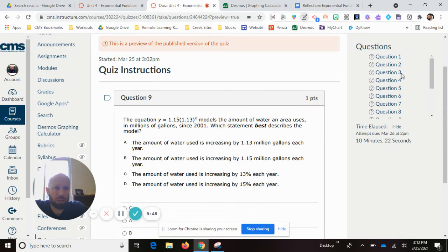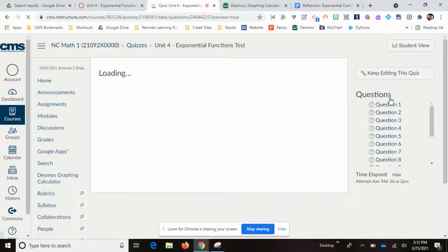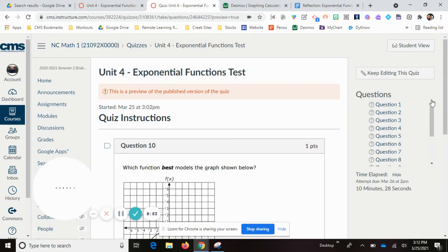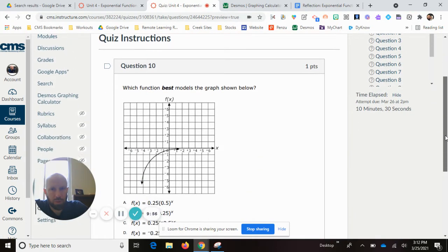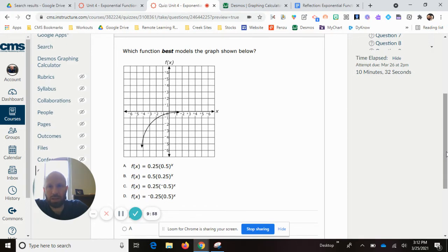Let's go to question 10. For this problem here, we're just going to graph them on Desmos. The answer is going to be D, so I'm just going to type that in. f of x.